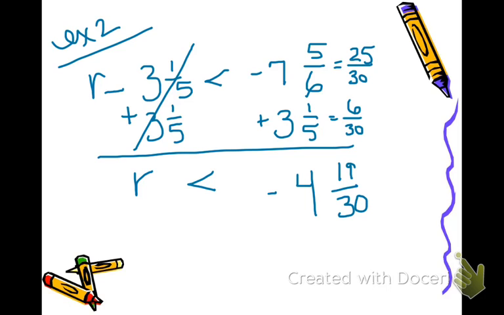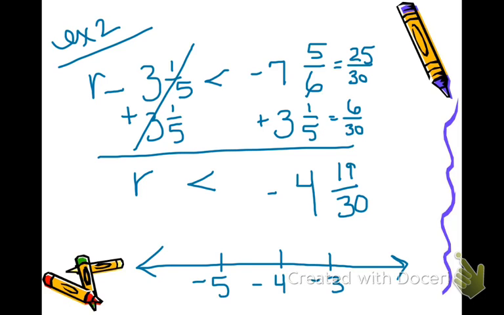And again, I could substitute it in to my r and check it out to make sure it's right. When I go to graph this, so we can put, say if this is negative 4, this would be a negative 3, and this is a negative 5. 19/30 is roughly 0.6 with a 3 repeating, so 0.63.